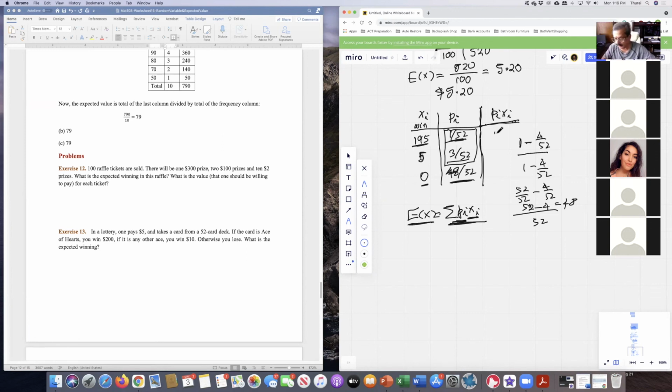Let me do that on the calculator. 195 multiplied by 1 over 52 is same as dividing by 52. And that's 3.75. And then 3 over 52 times 5 is same as 15 over 52. 15 over 52 is 0.29.